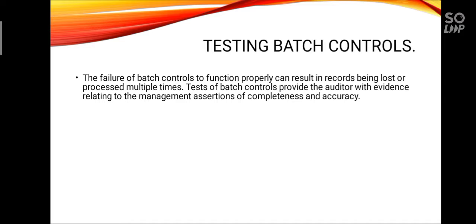Yung tanong dito, what caused this? Is the problem due to lost or changed invoices? Did the data entry incorrectly calculate the batch control totals? Bale, the auditor should be able to obtain answers to these questions by reviewing and reconciling transaction listings, error logs, and logs of resubmitted records.